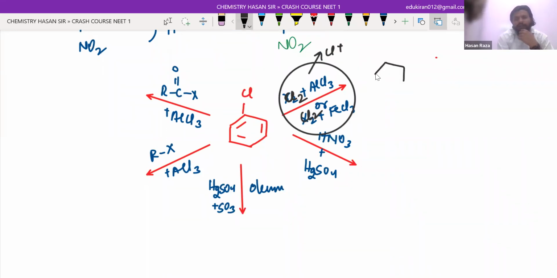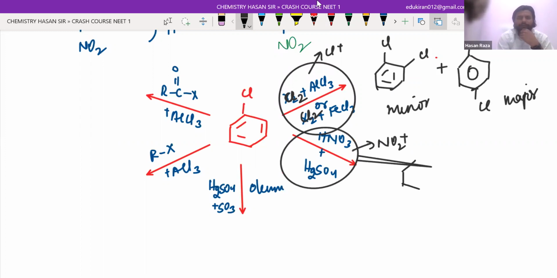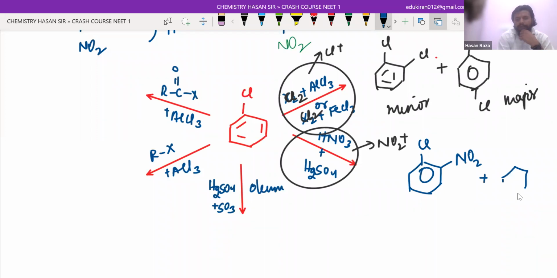So what will happen? This Cl plus will be attacking at two positions. One is ortho and another is para. Yes or no? This will be your major and this will be your minor. Again, from this, there will be formation of the nitronium ion NO2 plus, and it will be attacking at two positions, one is ortho, and another is para.